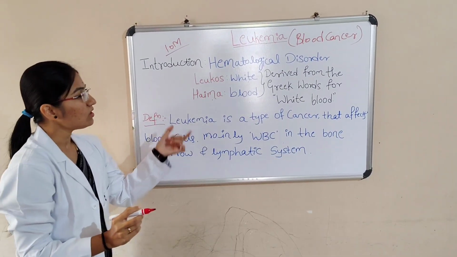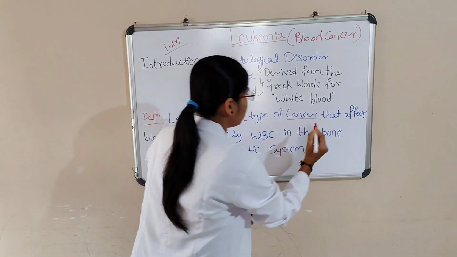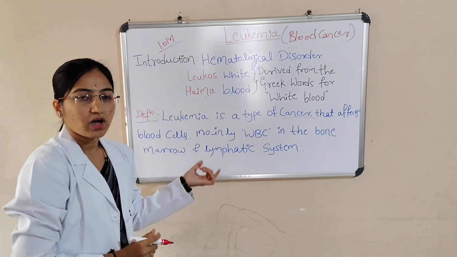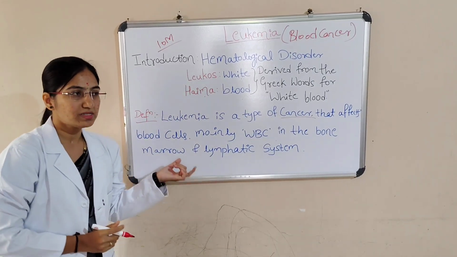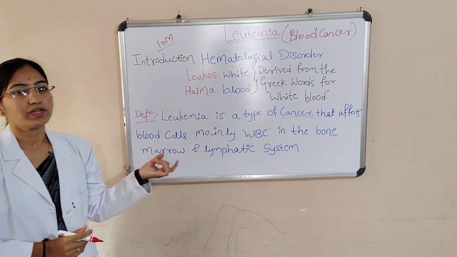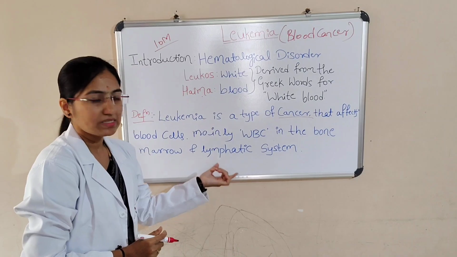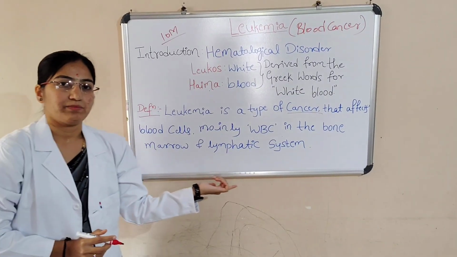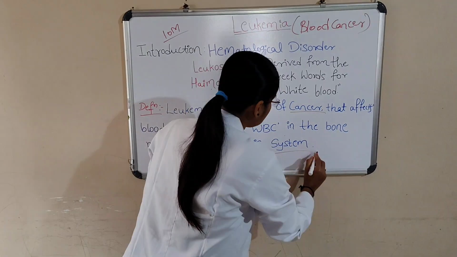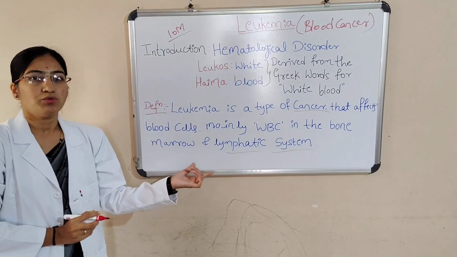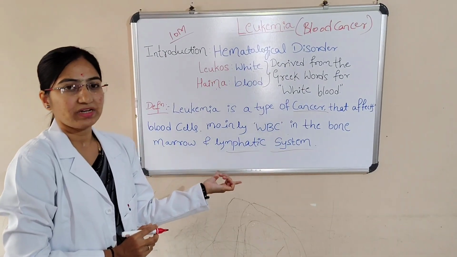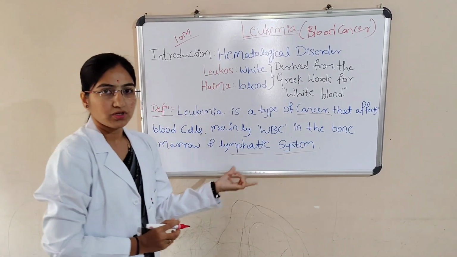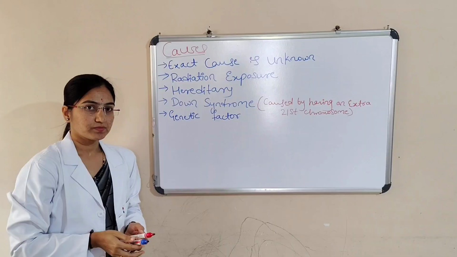It is a type of cancer that affects the blood cells, and mainly it attacks the white blood cells in the bone marrow and lymphatic system. The lymphatic system is a part of the immune system that defends against infection. This is all about the definition of leukemia.